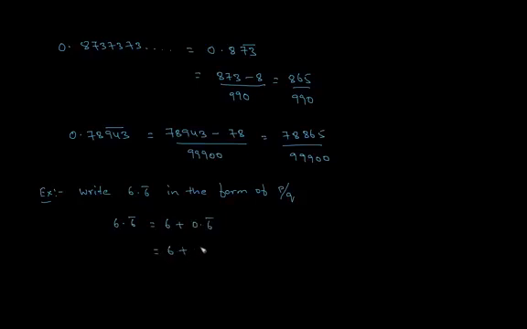So 6 plus, how can I write this one? 6 by 9. So 6 plus 6 by 9, or otherwise you can write 60 by 9, right? Divide by 3: 20 by 3. Clear? Right.